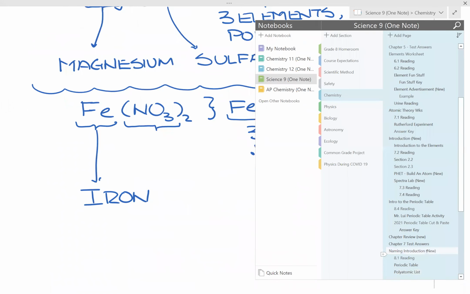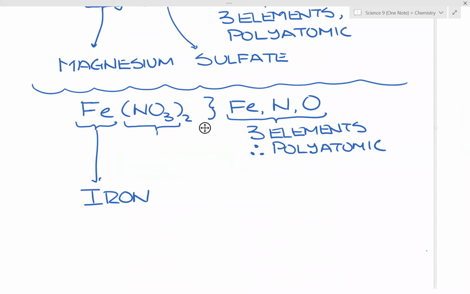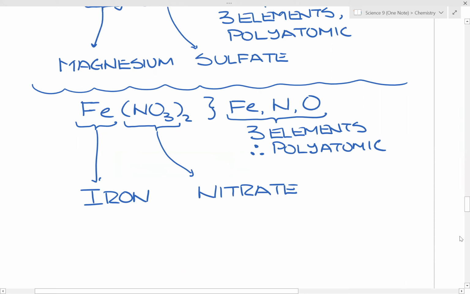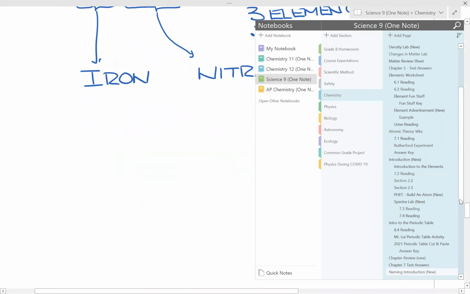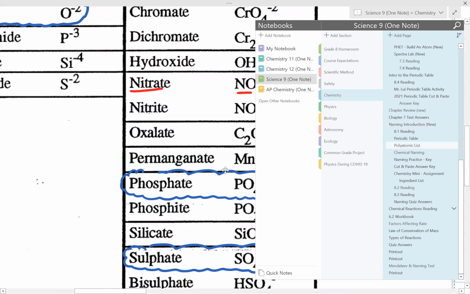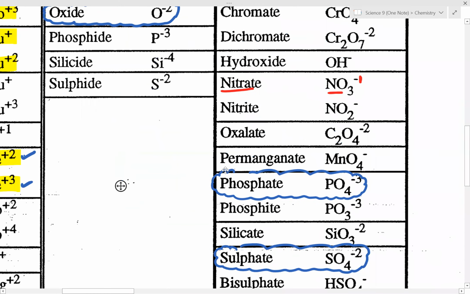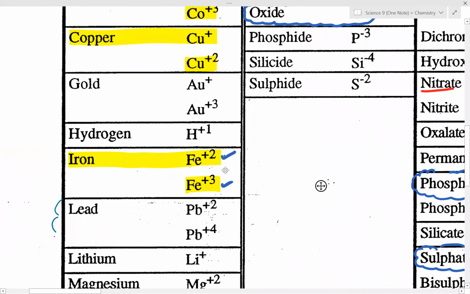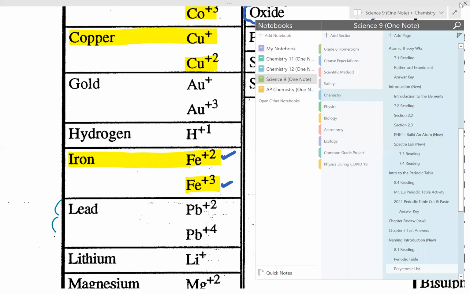Now, what you need to do is look at iron. If you look at the list on iron, you notice iron has a charge of either +2 or +3. So that means since it has a choice, you have to use Roman numerals.